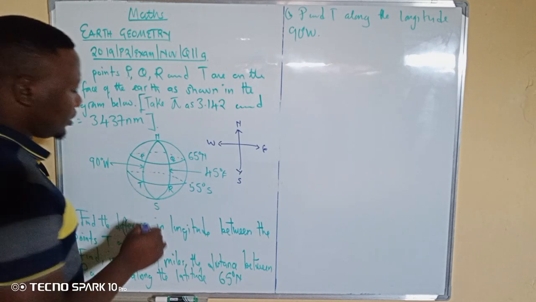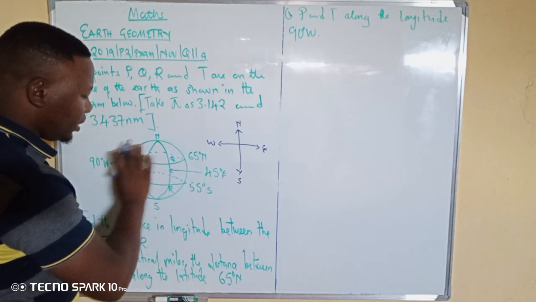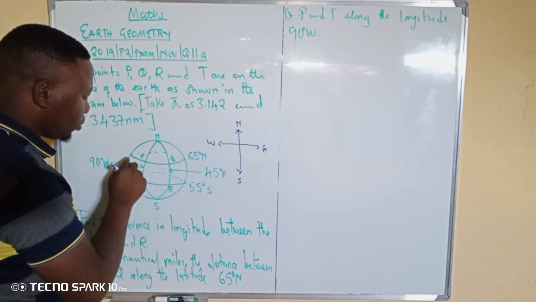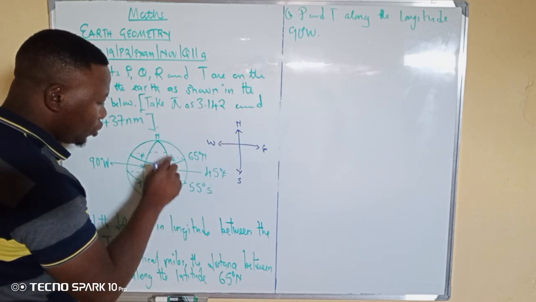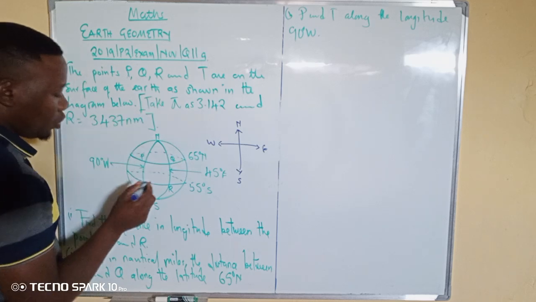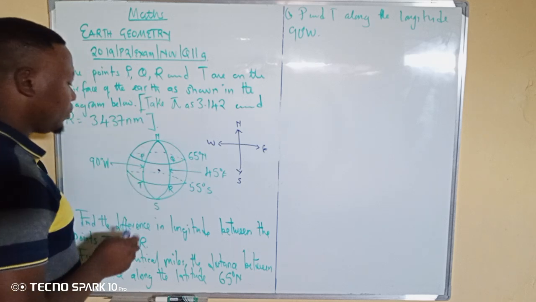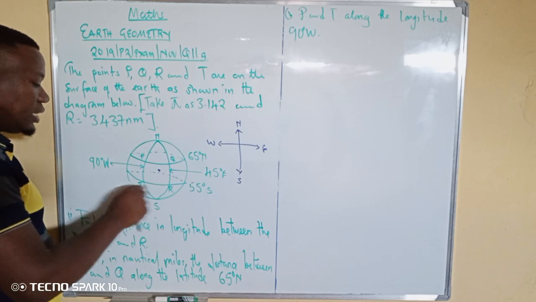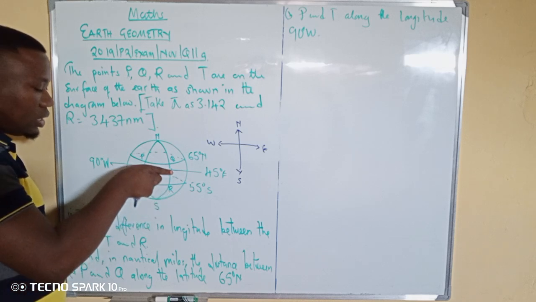Before we answer that, this structure has the northern part, so P and Q are lying on the northern part. Imagine here there's an equator. T and R are lying on the southern part.